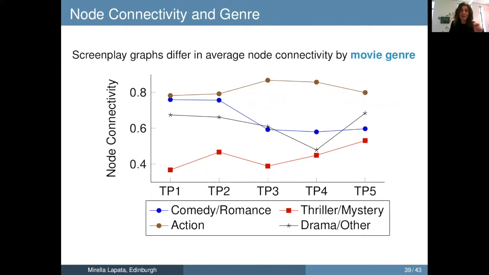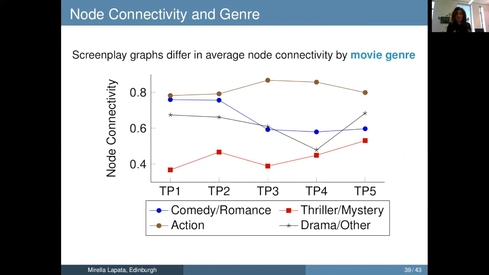So this graph here shows different turning points on the x-axis, and the average node connectivity. So how connected is one node to the other nodes in the graph per turning point, and also for different movie genres. We have 4 coarse-grained movie genres: comedy and romance, action, thriller, and drama.